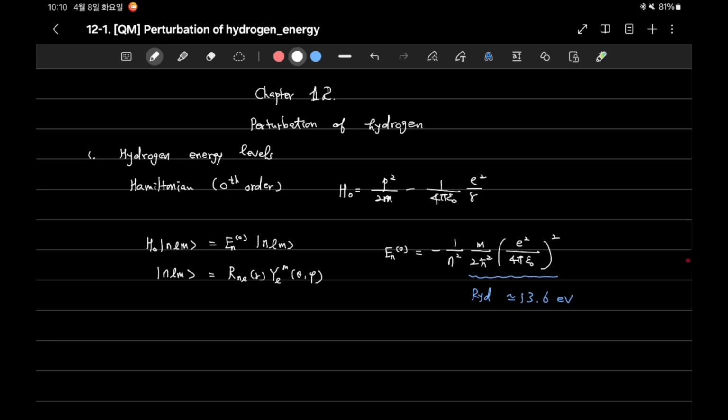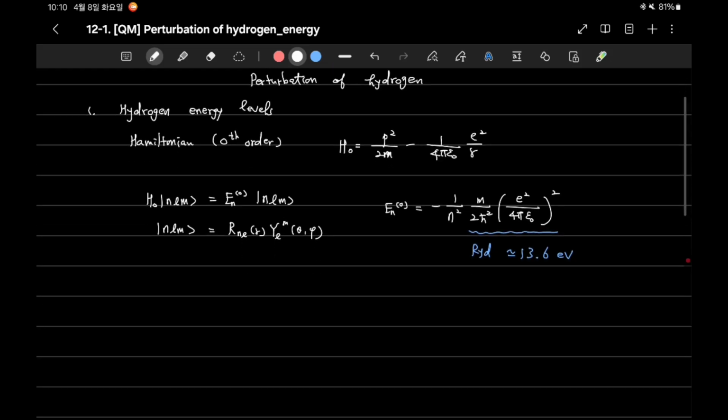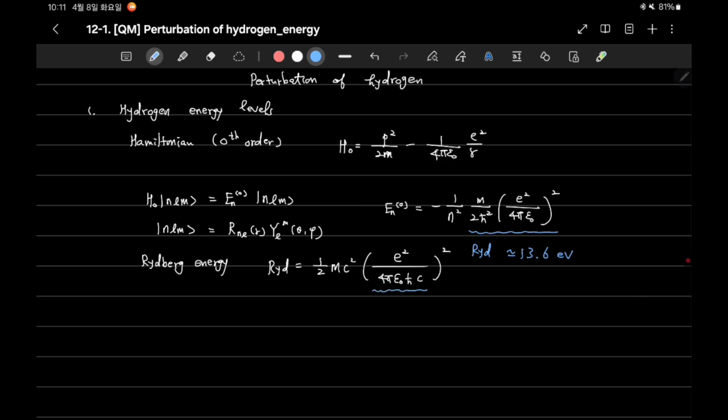So when we rewrite the Rydberg energy as one half mc squared times (e squared over 4 pi epsilon 0 h bar c) squared, in this case we define the fine structure constant.